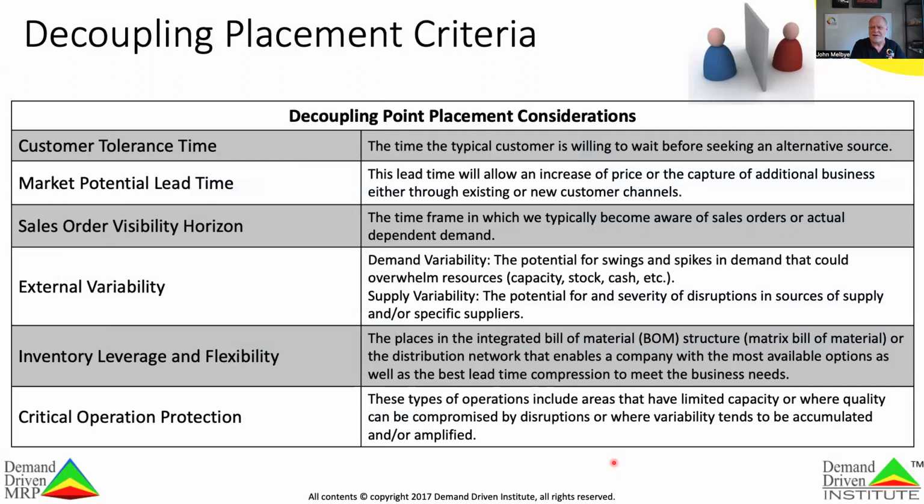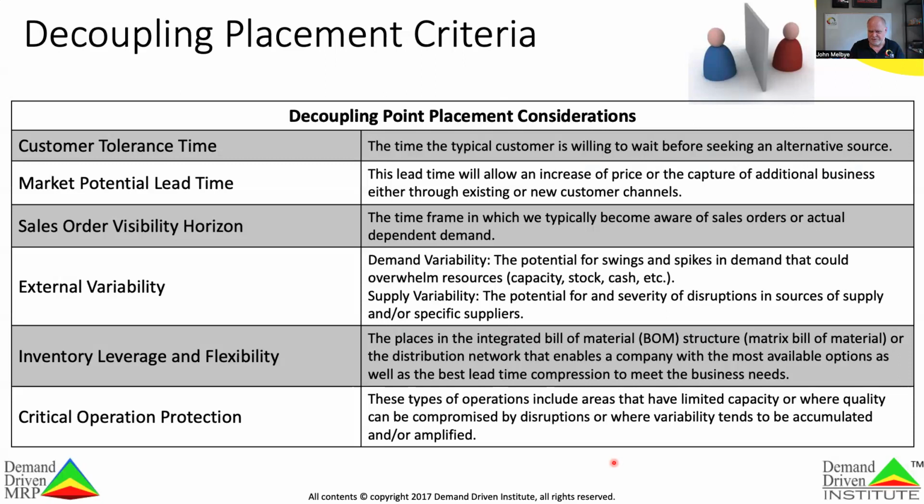If we have a 10-day lead time and a 5-day lead time would create either additional business or an increase in price, then maybe we need to make that buffer somewhere 5 days that allows a 5-day window or lead time to the customer. The sales order visibility horizon has to do with when we become aware of the sales orders. Do the customers give us plenty of time to produce this, or are they constantly calling with a shorter than expected lead time?